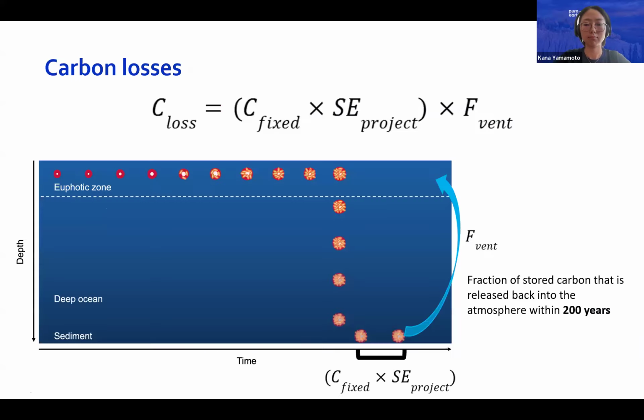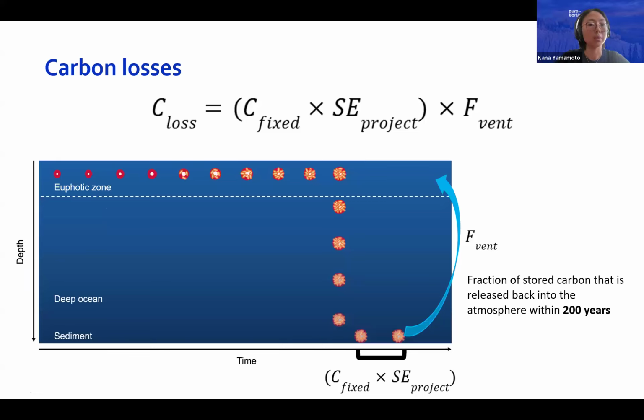Next slide. And then the last term, which is a reduction term in the Cork evaluation that Ben had introduced, is this carbon loss term. So with any biological pathway in the ocean, we need to consider the degradation of that carbon as it's stored at the seafloor.